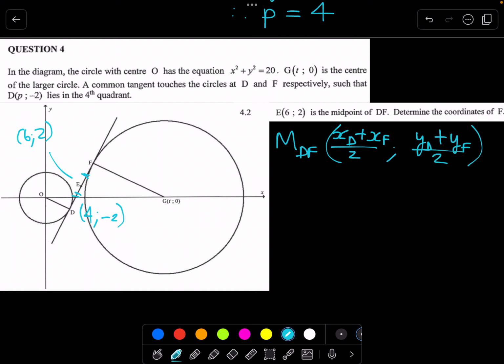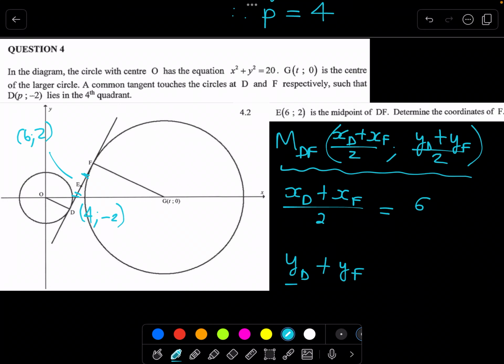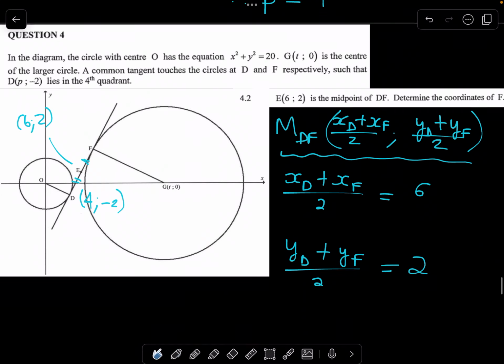So we know that the average of the x coordinates is 6, and the average of the y coordinates is 2. We've been given the midpoint.